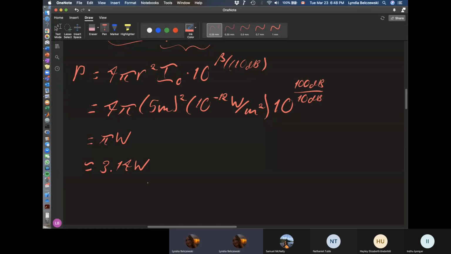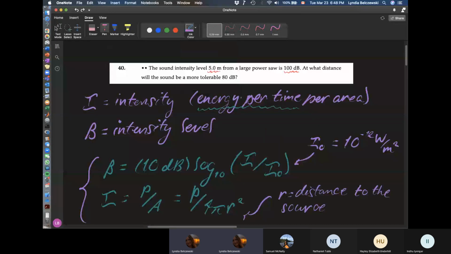So now what we're looking for is the distance you'd have to be from the saw. So now we know what its power is. We're looking for the distance you'd have to be for the sound intensity to be 80 decibels. And so what we can do for this one is we'll have 80 decibels as our value for beta. Power is going to be the same 3.14 watts.